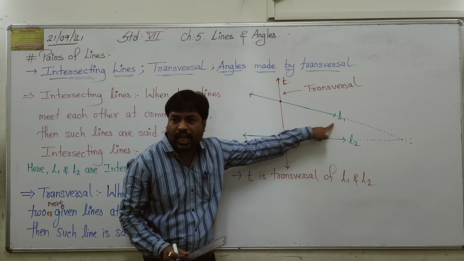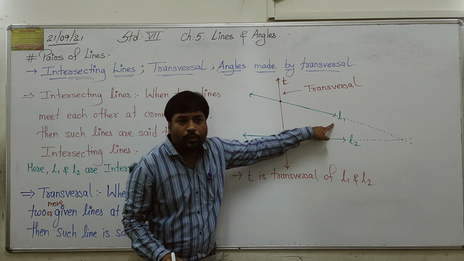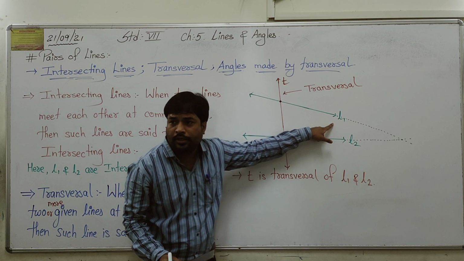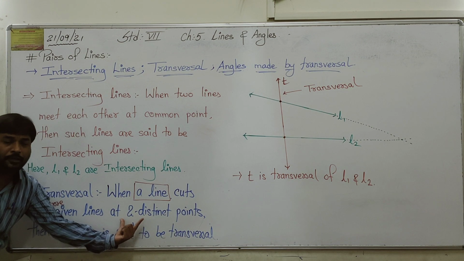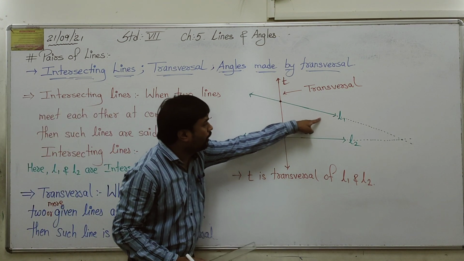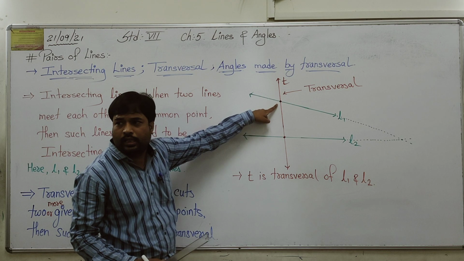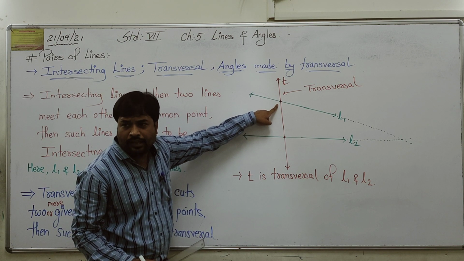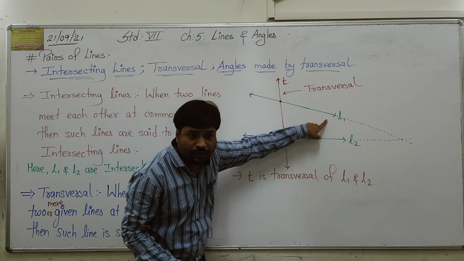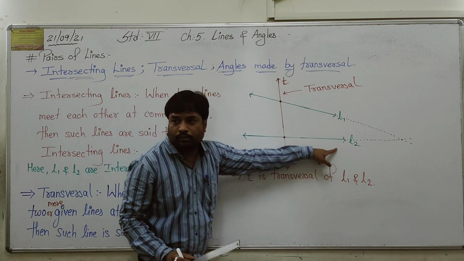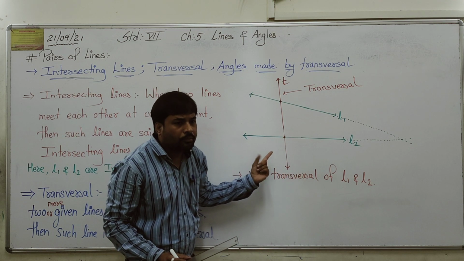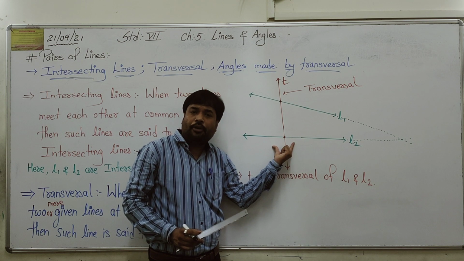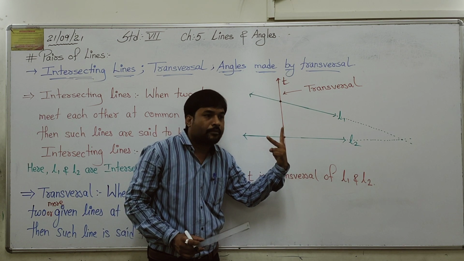Will L1 be called a transversal? Look carefully. No. Why? The condition is two distinct points, but L1 has only one. So we can say L1 is not a transversal. What about L2? No. Why? Because this line is cutting at a single point. How many points do I need? Two.